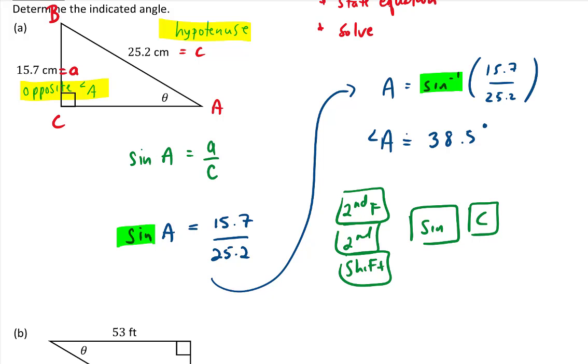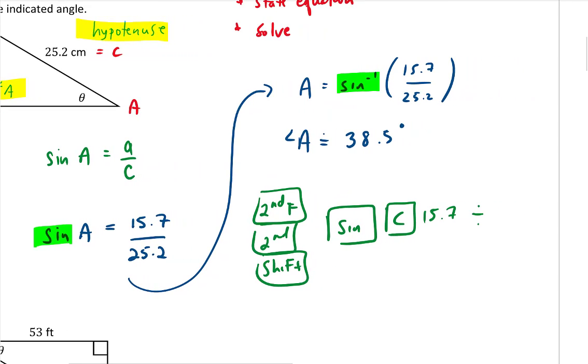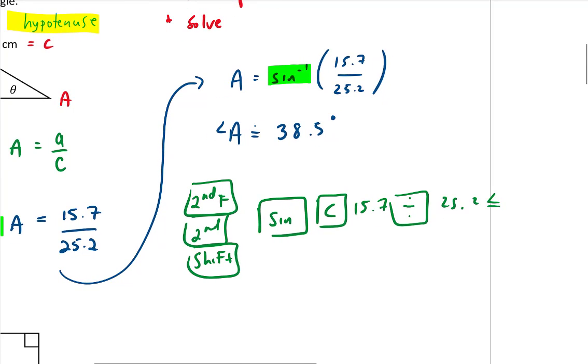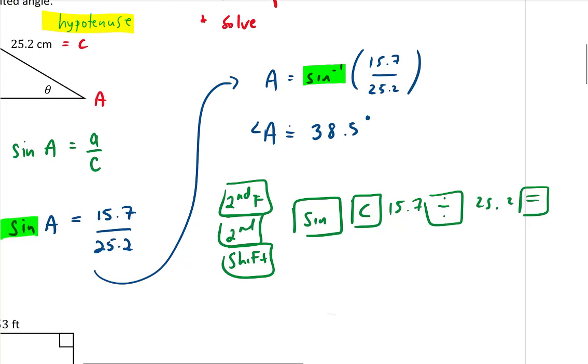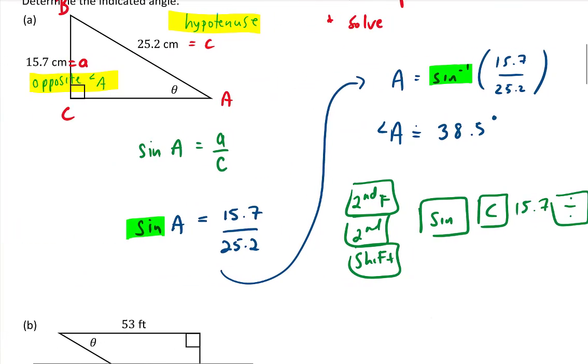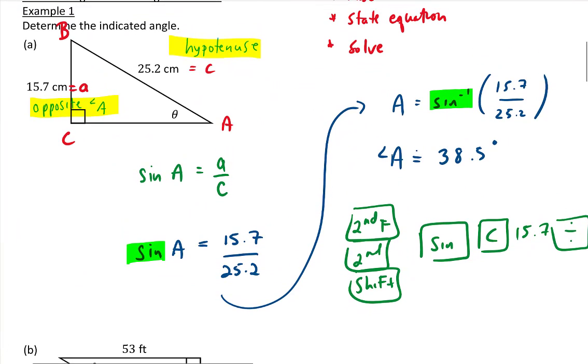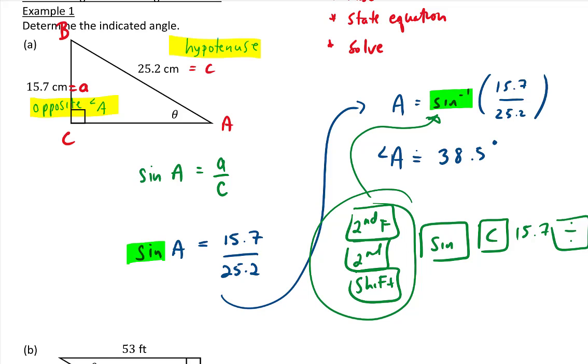You'll type in 15.7, use your divided by key, 25.2, and then hit your equals key, or enter, depending on your calculator. Without seeing your calculator, you'll have to find this button first in order to use your sine minus 1 or your inverse sine feature.